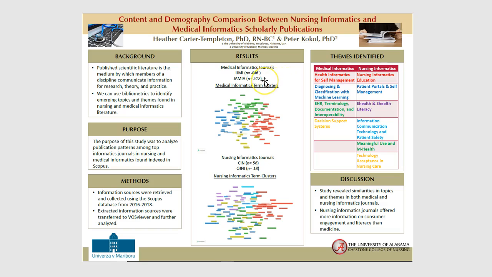Now, just a note on this, as you progress in your research, you will become very familiar with the focused or specialty journals that are in your realm of research, in your interest area.